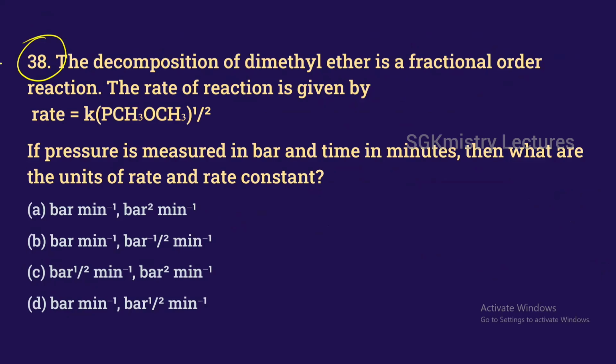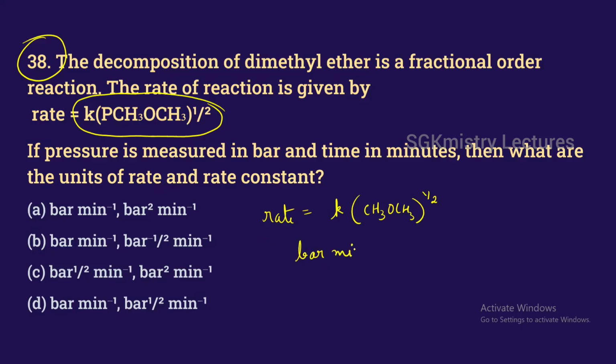Next, coming on to question number 38. The decomposition of dimethyl ether is a fractional order reaction. The rate of the reaction is already given. If pressure is measured in bar and time in minutes, then what are the units of rate and rate constant? Now we know that rate is equal to K into CH3OCH3 to the power of half. The unit of rate will be bar per minute. Now, K will be rate by P to the power of half.